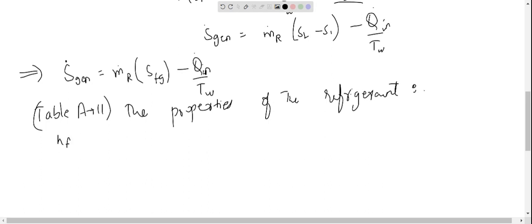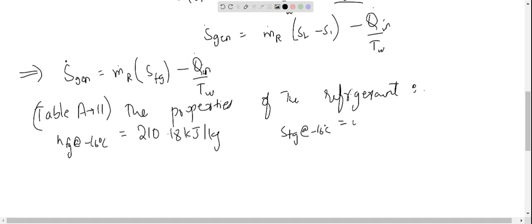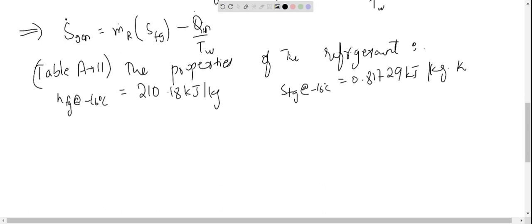Our hfg at minus 16 degrees centigrade is 210.9 kilojoule per kg, and our sfg at minus 16 degrees centigrade is 0.81729 kilojoule per kg Kelvin. So these values we get from the table.